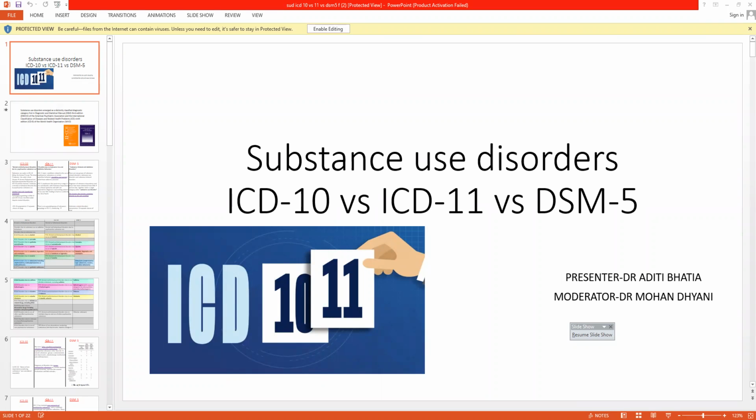Therefore, in ICD-10, we see withdrawal state and withdrawal state with delirium, while in ICD-11, we see alcohol withdrawal and alcohol-induced delirium as a separate diagnosis itself. In DSM-5, delirium is covered under the neurocognitive disorders specifier. It includes substance intoxication delirium, substance withdrawal delirium, and medication-induced delirium.